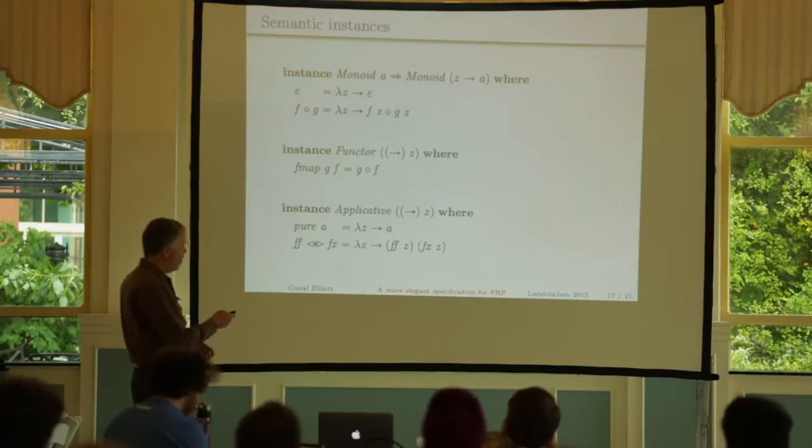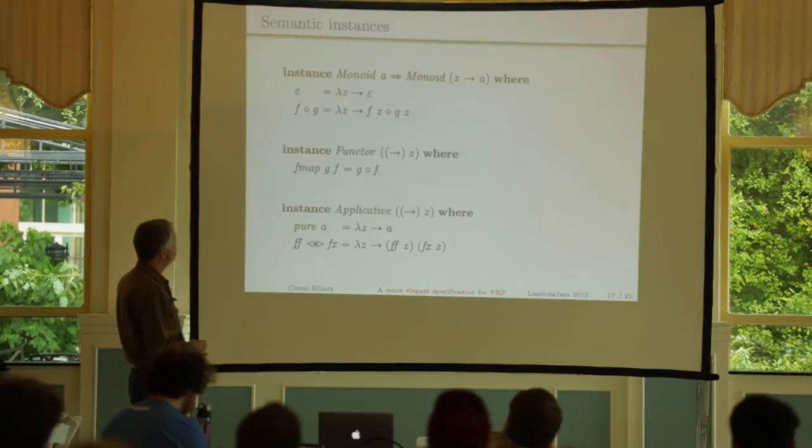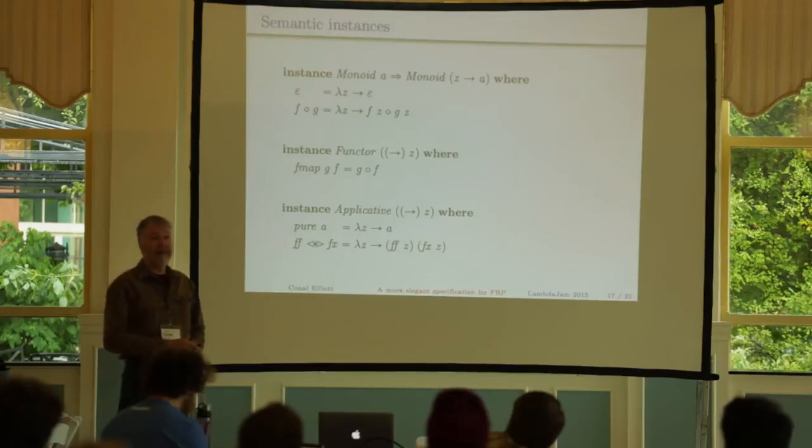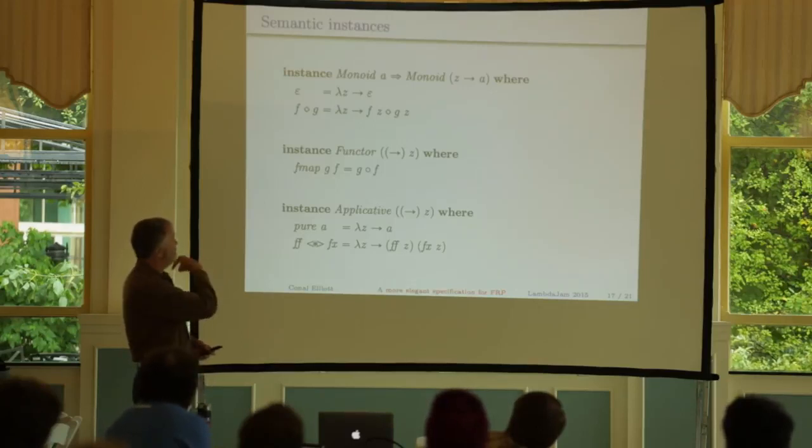So I know that this is the monoid instance for functions. The empty function is the function from z to the empty value. These empties on the left and right are different empties. The one on the left is for functions from z to a. The one on the right is for a.